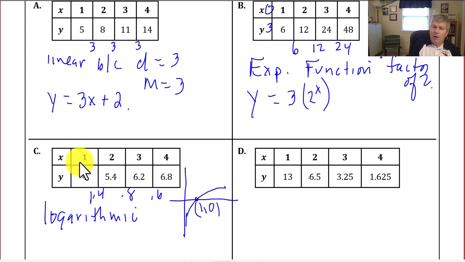This one, when x is 1, goes through 4. So this has actually been shifted. Our y value is 4 instead of 0. So this has been shifted 4 units up, so instead of 0, we have 4 here. So this is a logarithm that's been shifted 4 units up.